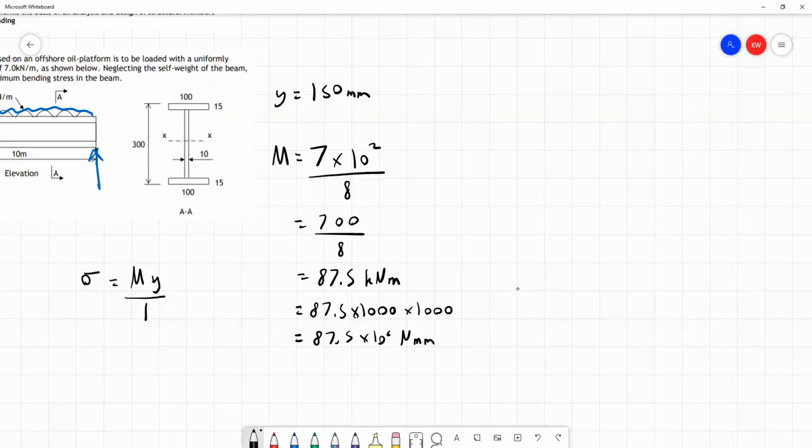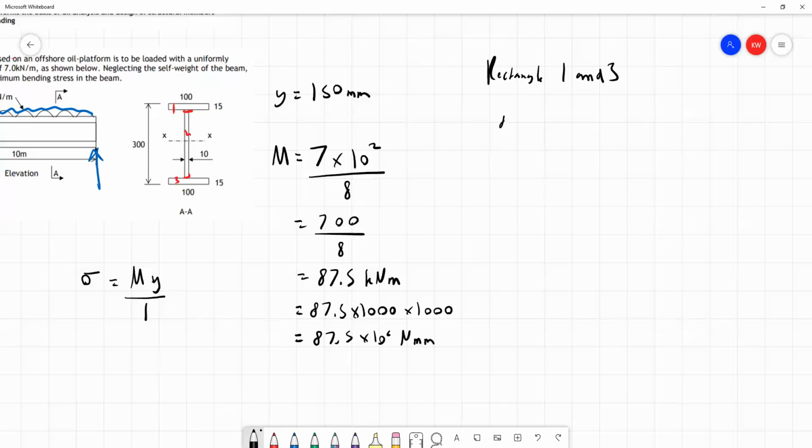I've already done an example video on this, so I won't go into as much detail, but I will still include all the important steps, including splitting up our I-beam into 3 areas, 1, 2, and 3, recognizing that areas 1 and 3 have the same second moment of area about the x-axis.